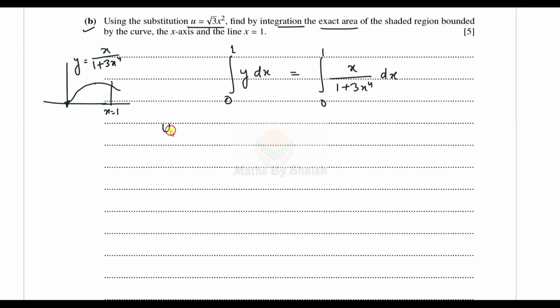Now if we substitute u is equal to root 3 x square, first of all we will find du over dx, that is du is 2 root 3 x times dx, and we have x dx in this, so we can write 1 upon 2 root 3 du is equal to x dx.